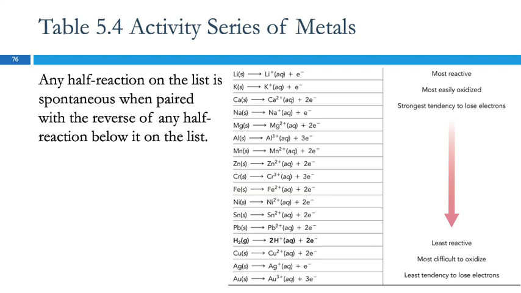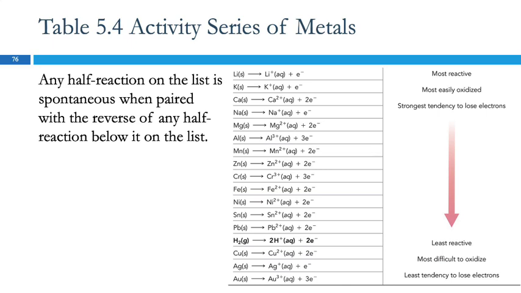But we did learn that the alkali metals are highly reactive, right? And so here we see lithium and potassium and sodium up at the top. And the alkaline earth metals, calcium and magnesium, those are quite reactive, and so they're also near the top. So there's some correlation to things we've learned.